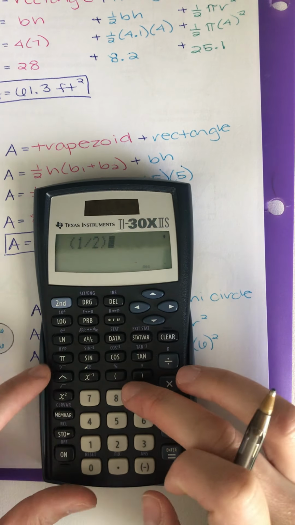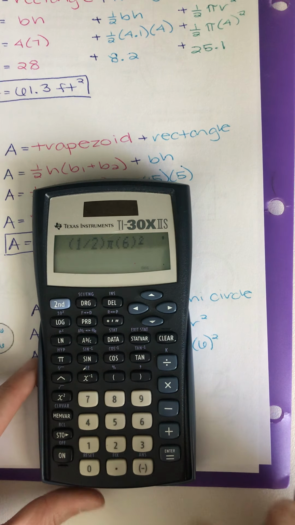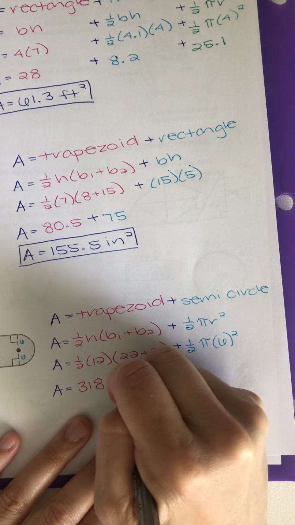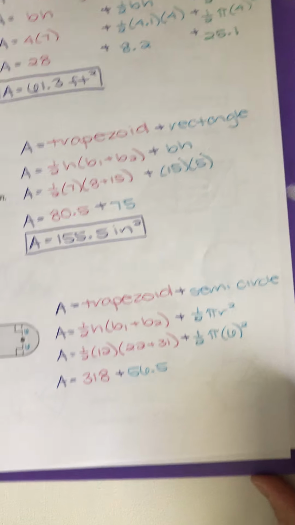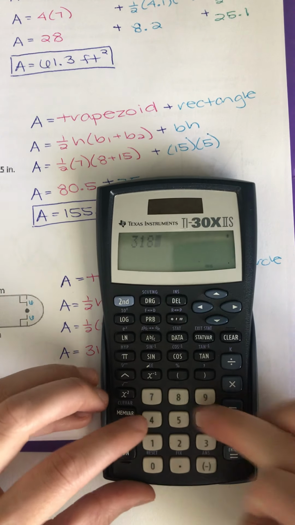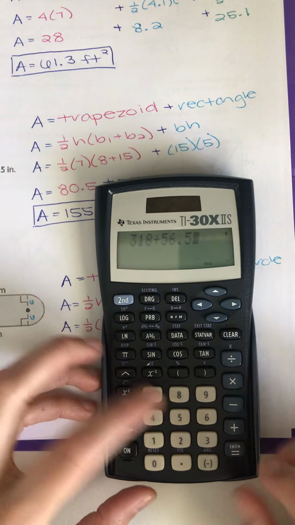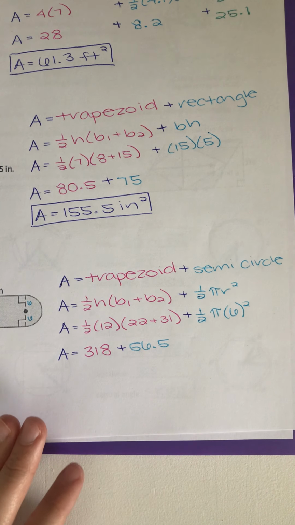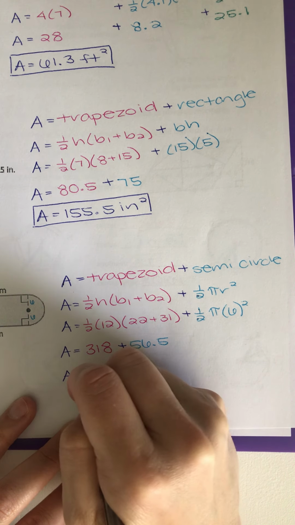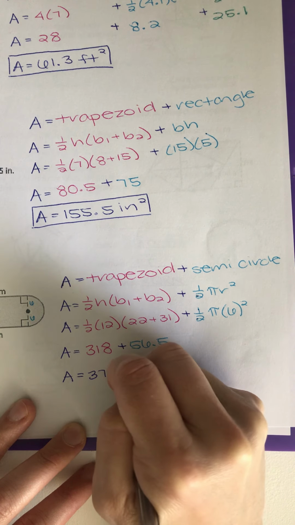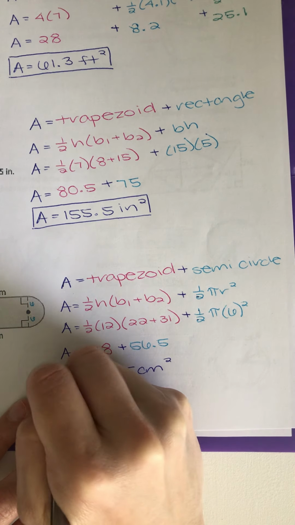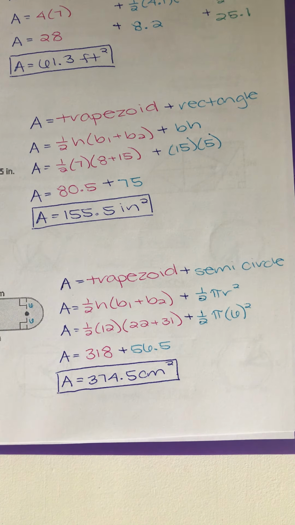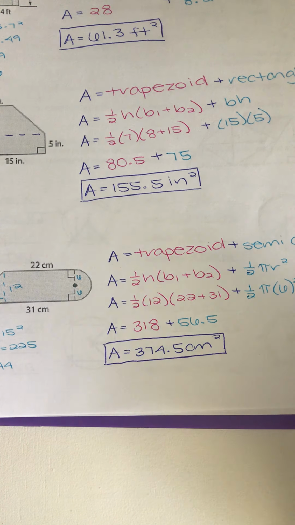So I have 1/2 pi 6 squared, and it's about 56.5. So I'm going to add up 318 plus 56.5 and get 374.5 for the entire figure. There you have it.